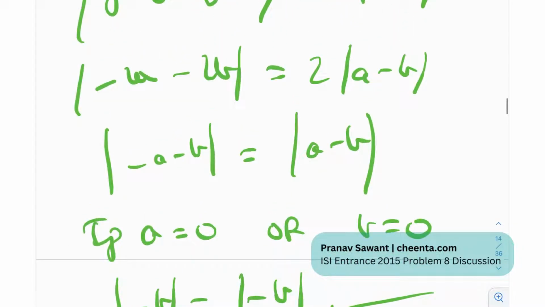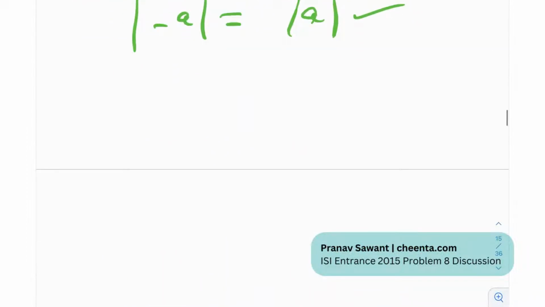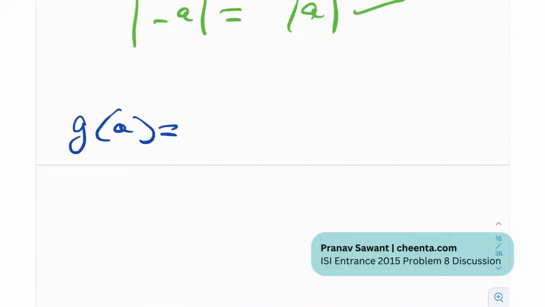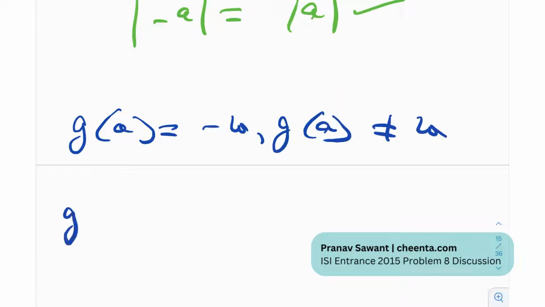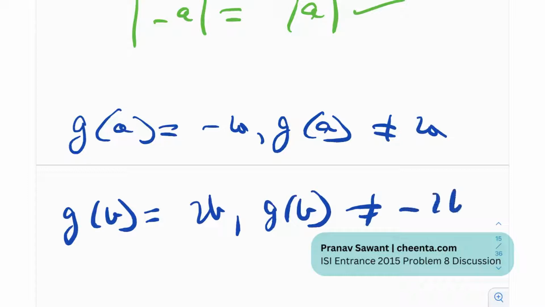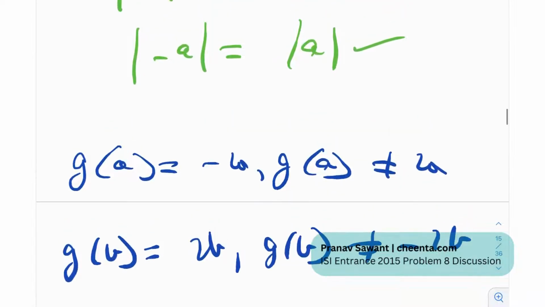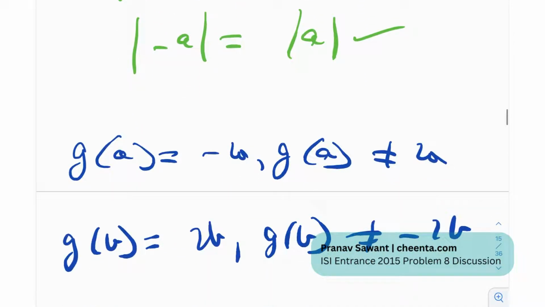So essentially, the conclusion that we can find is this can only be true if and only if a is equal to 0 or b is equal to 0. But we had essentially assumed that g of a is negative 2a and g of a is not 2a. Similarly, we had assumed g of b to be 2b and g of b to not be negative 2b, right? And here we're essentially saying that a has to be 0 or b has to be 0.